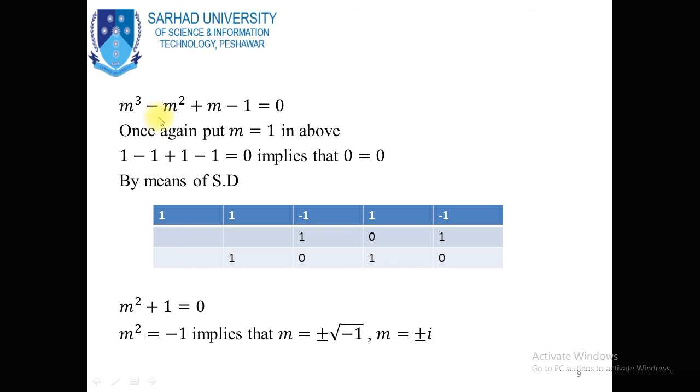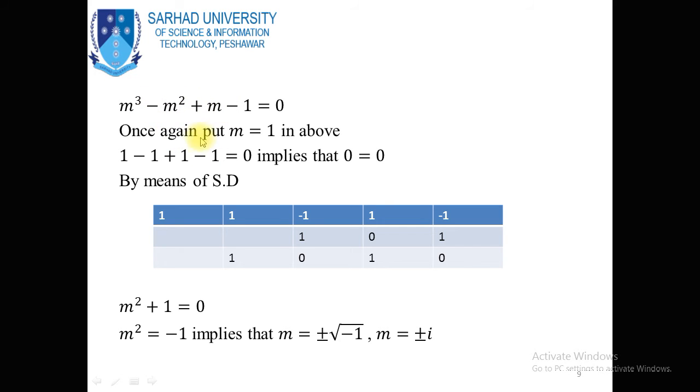So again here I would like to depress the degree of this equation, and if we take common m square from this equation, then we can find m square into m minus 1, and taking common plus 1 we obtain m minus 1. So by taking common m square from this term and 1 from this term, we can solve this polynomial by taking common.